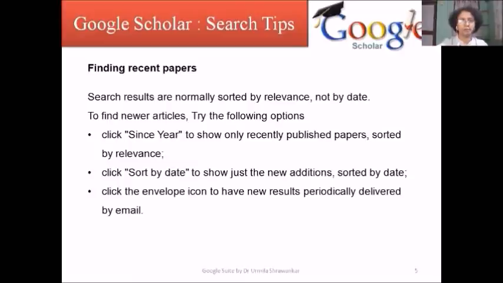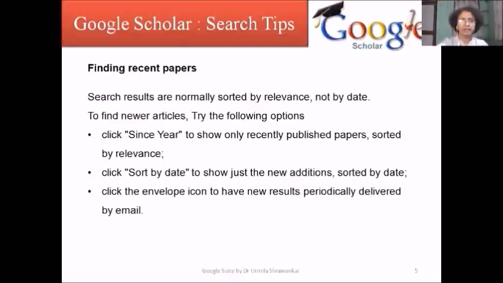That platform is Google Scholar. Some searching tips are there. How to find out the recent papers? The search results are normally sorted by relevance, not by date. To find newer articles, the following options are available. Click Since Year, from this year to that year.